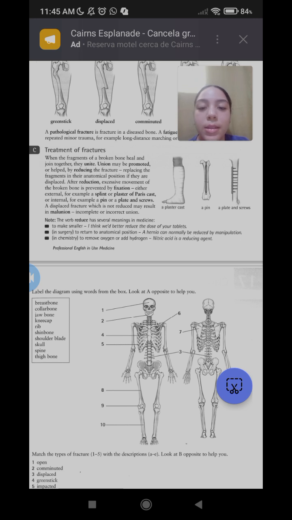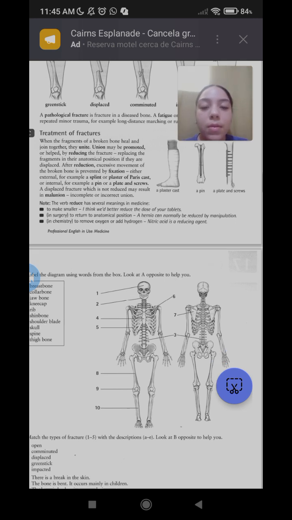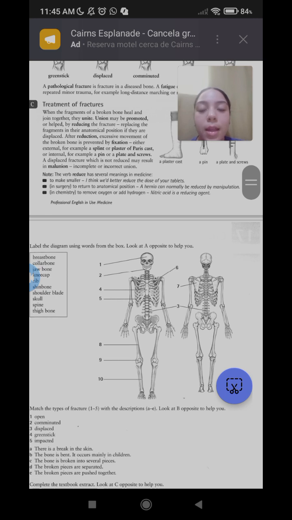After reduction, excessive movement of the broken bone is prevented by physicians, either externally, for example, a splint or plaster cast, or internally, for example, a pin, plate or screw. A displaced fracture which is not reduced may result in malunion, incomplete or incorrect union.